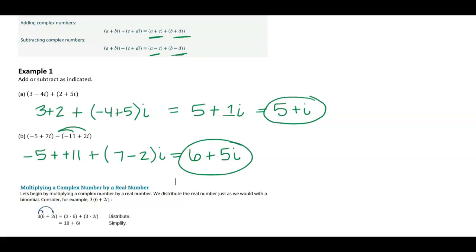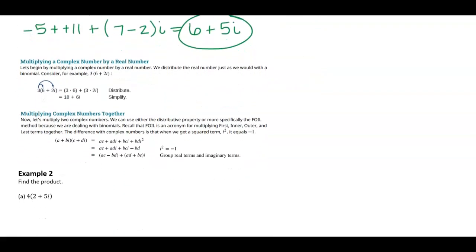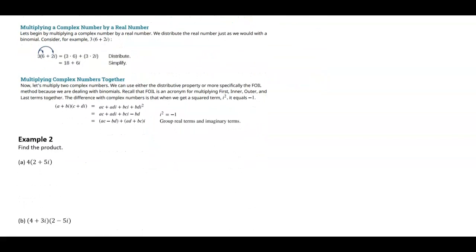Let's also talk about multiplying complex numbers. If you need to multiply a complex number by a real number, then you just distribute that inside like we do in algebraic expressions. So I have 4 times 2 plus 4 times 5 with my i, and that would be 4 times the complex number 2 plus 5i.